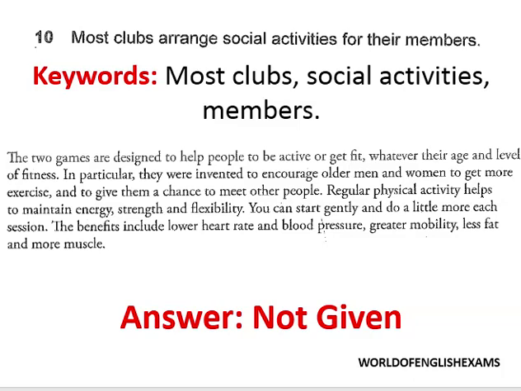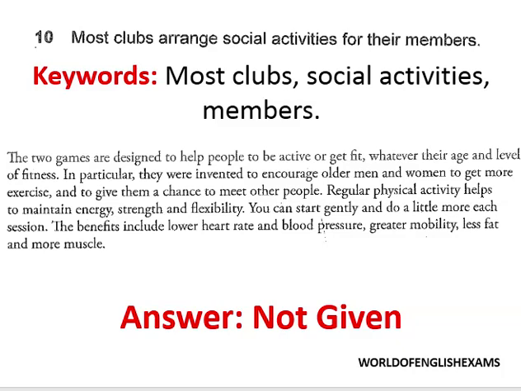Now this is a social activity, encouraging them to meet other people. But is there a context about whether they are members or not? No, they are telling that generally men and women may get a chance to meet other people, but they are not telling whether they are members or non-members.